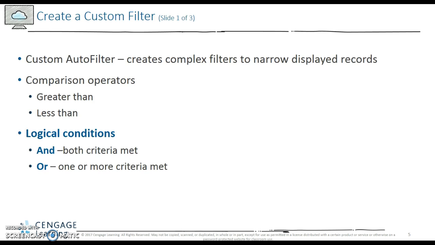Logical conditions would be AND, where both criteria must be met in order for it to be true. OR is when one or more criteria are met and then it's true.